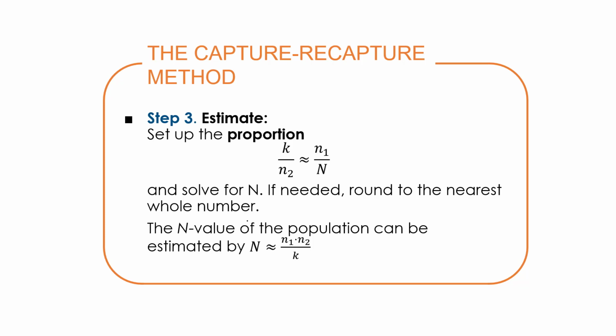You're just solving this proportion right here, multiplying both sides by n and then by the reciprocal of n2 over k. But you don't need to memorize this formula, you can just derive that on your own. But notice what everything is here with all these letters. It's kind of hard to remember what everything is.